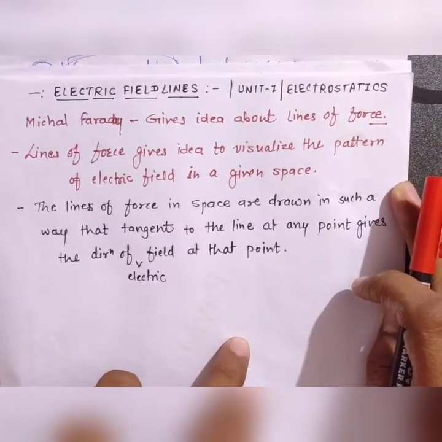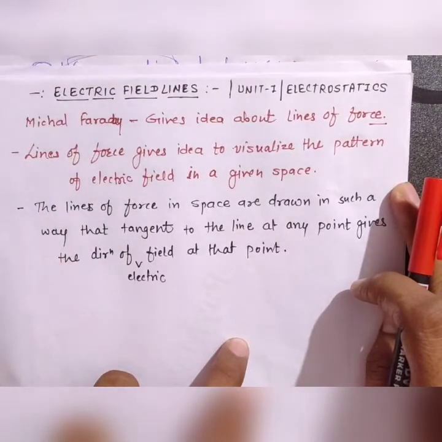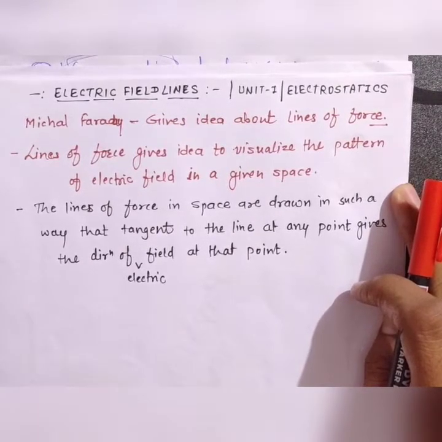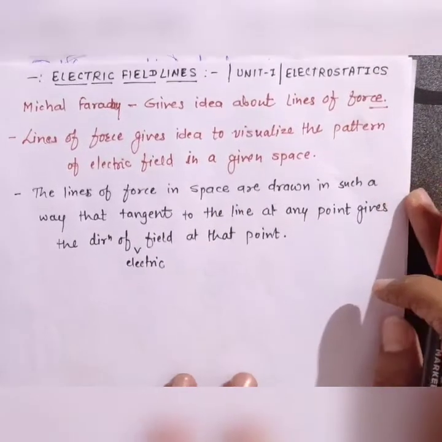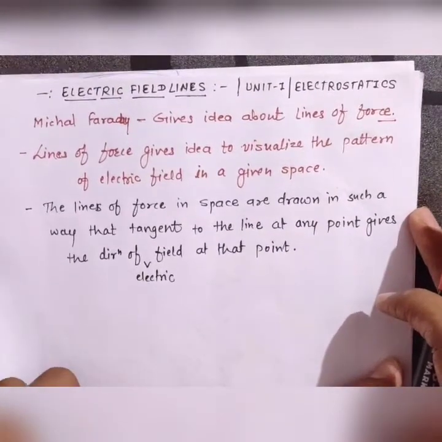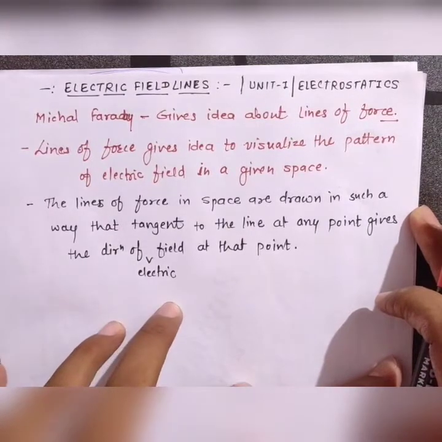Hello students, in the previous class we studied the electric field due to an electric dipole and the torque on an electric dipole in a uniform electric field. In this lecture we are going to discuss the electric field lines or the lines of force.